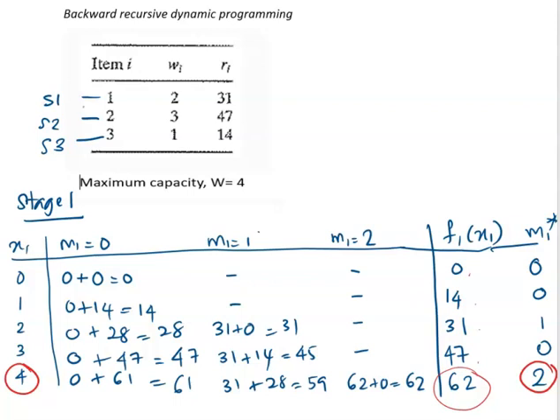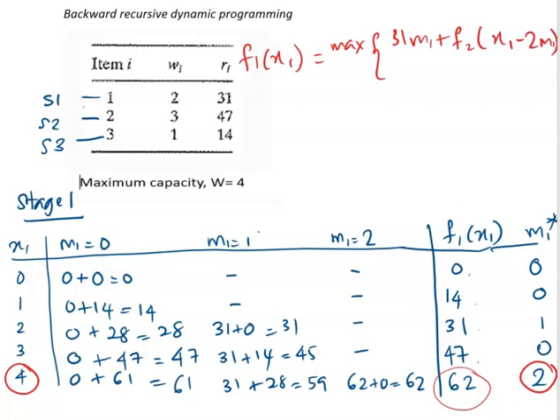So remember, in stage 3 we have our function, 31. So the maximum of 1 and 1 plus f2 of x1 minus 2m1.